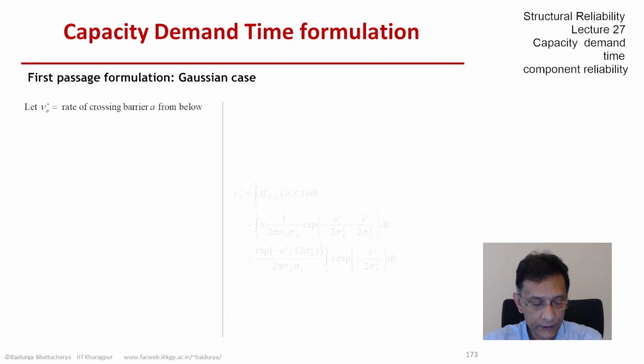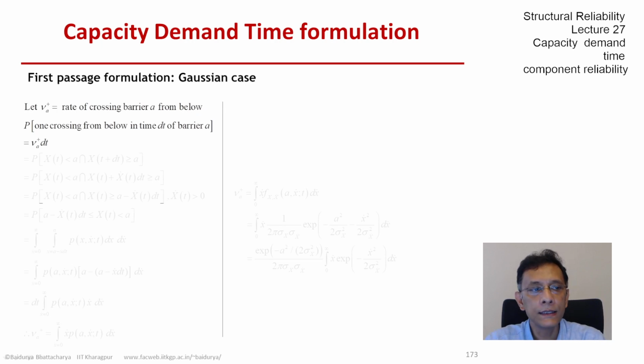So let's say we first define the rate of crossing of a certain barrier A by the process x of t, and let's say from below. So that's how you see the plus in the superscript of the rate, and the subscript A specifies the barrier which the process is crossing.